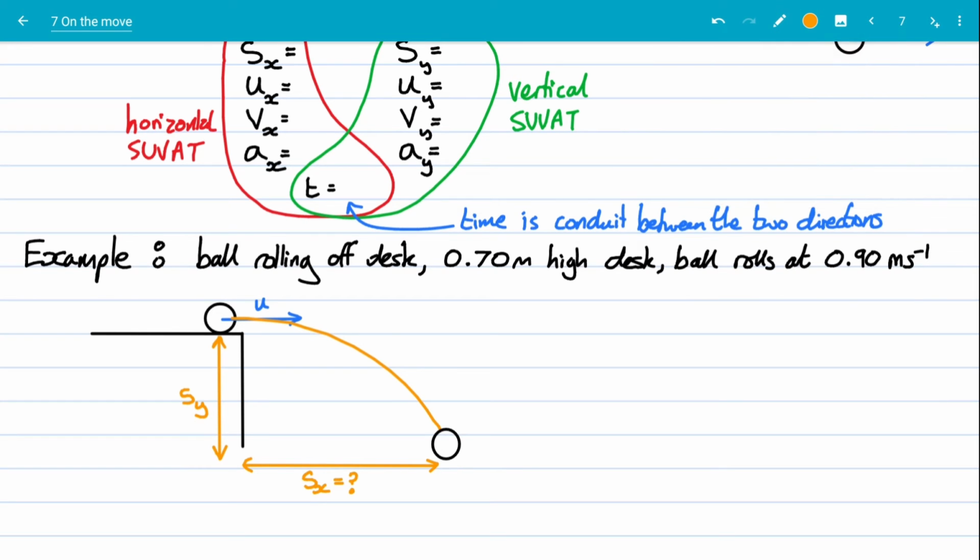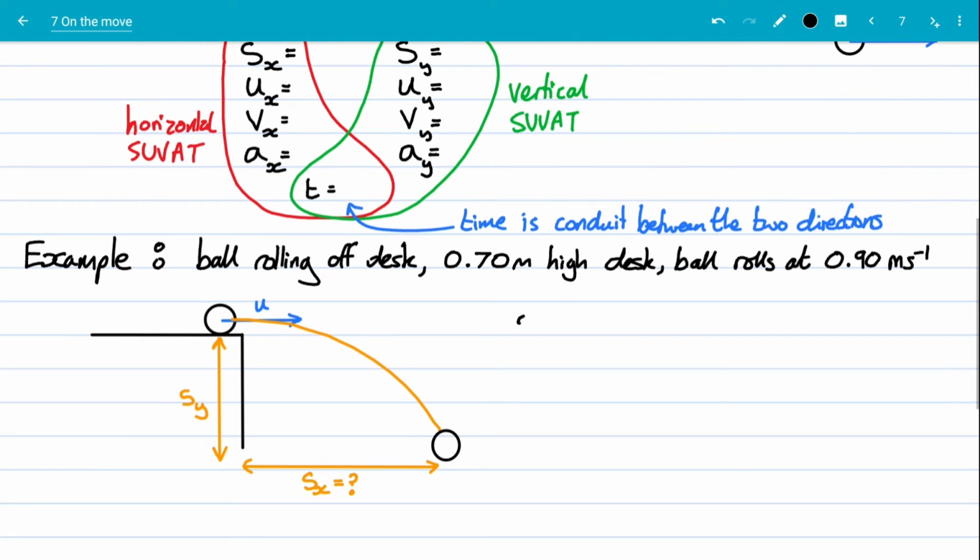So let's write out our suvats. And I'm going to start with the vertical one. So I'm going to do s in the y direction. We know what that is. That's 0.70 meters. U in the vertical direction, we also know it's 0 meters per second.